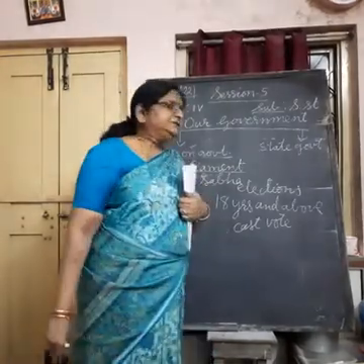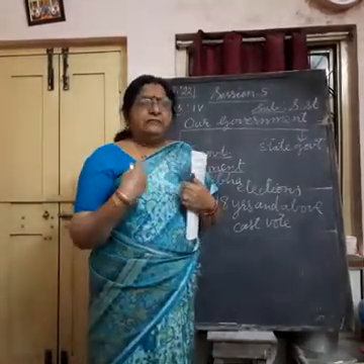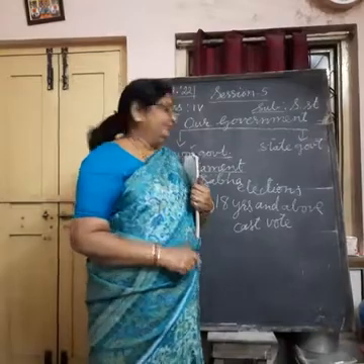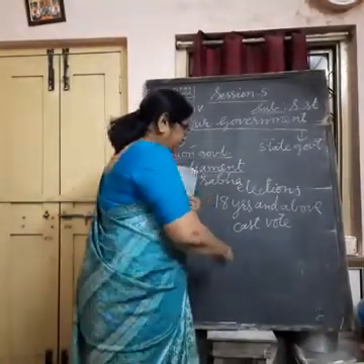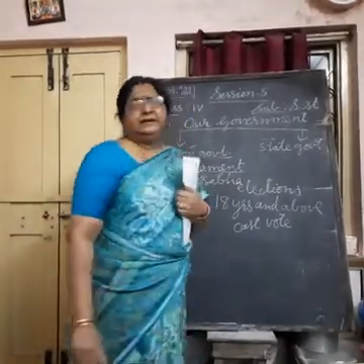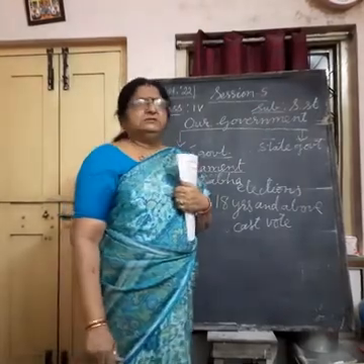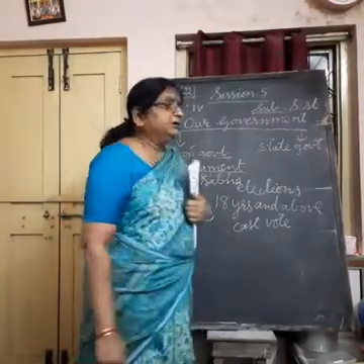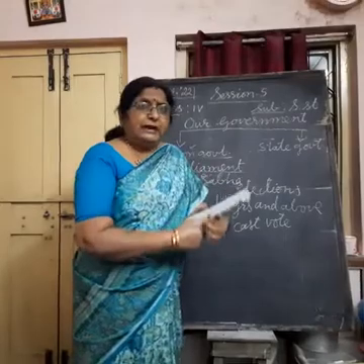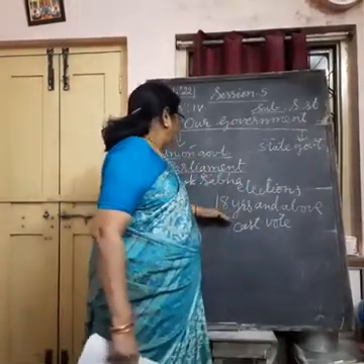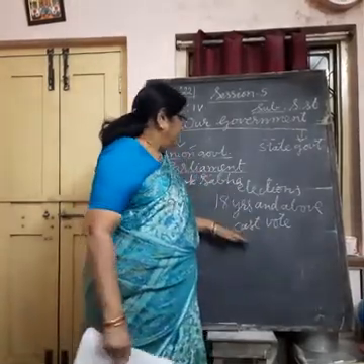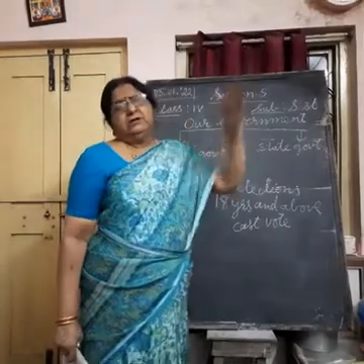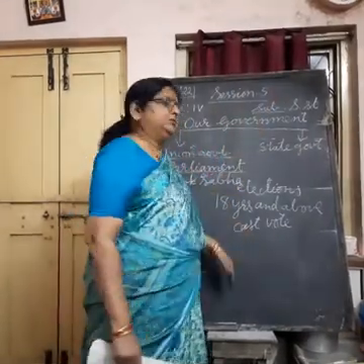But what happens? Only one will win. How, I will tell you. So we, through our votes, we elect the leader for ourselves. And who can contest? Who cannot? The people who are 18 years or above 18 years can vote and elect the leader.